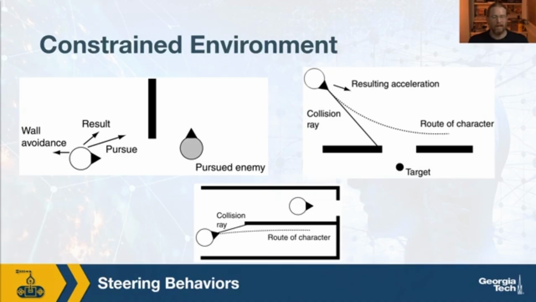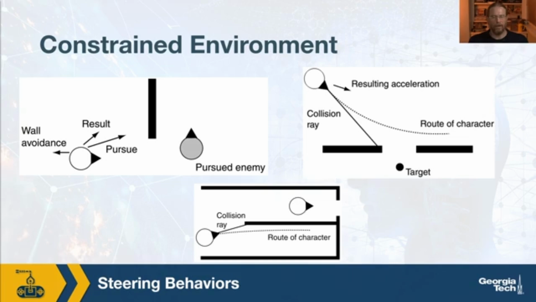But as that turning towards the future position occurs over the next few frames from what's depicted here, the wall gets in the way, and the raycast test that would be performed will get a collision on the wall.